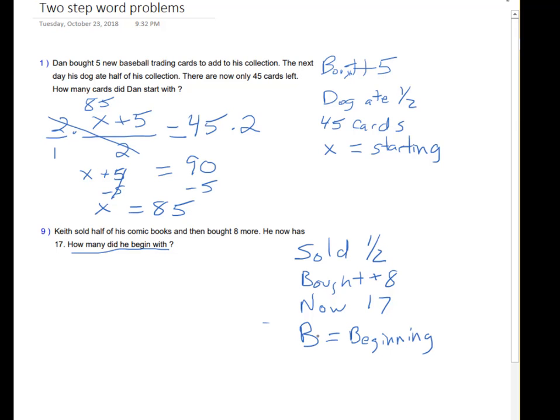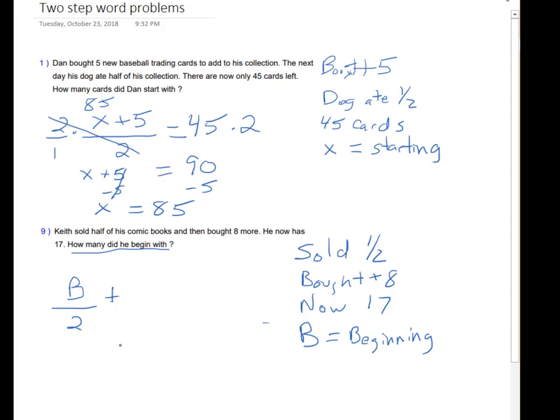Okay? So now we need to put the sentence in shape here. So Keith sold half of his comic books and then bought 8 more. So his beginning number, what did he start with? He started with B. So B, and he sold half of them. So we divide that by 2, right? And then after he did half of that, he added 8.